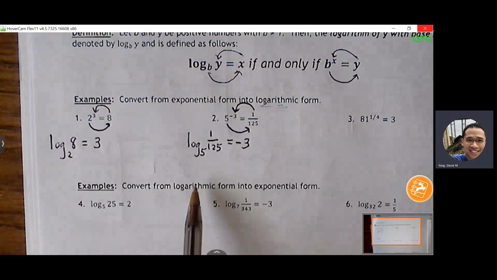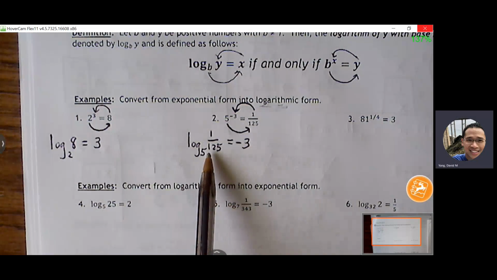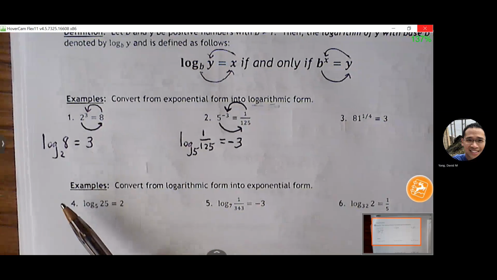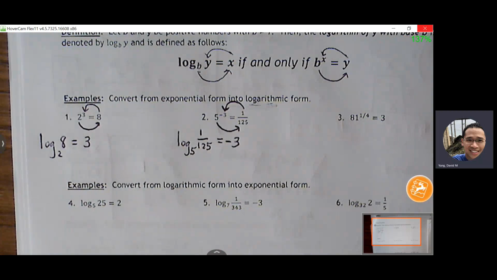Okay, so the way that we say it is log base 5 of 1 over 125 is equal to negative 3. Okay, try that for number 3. See if you can get that exponential form into log form by using that visual circular pattern.